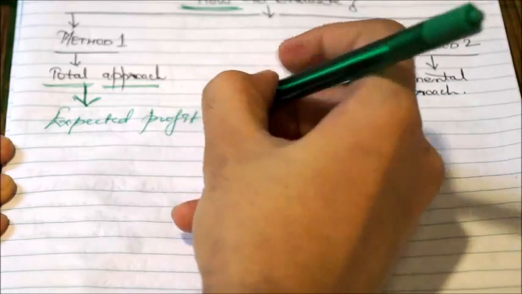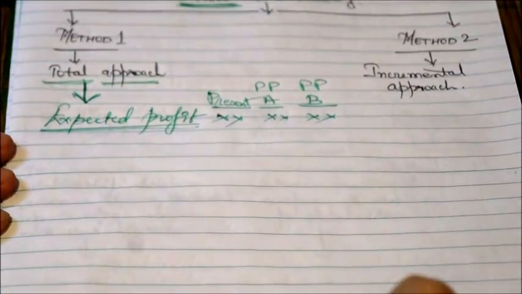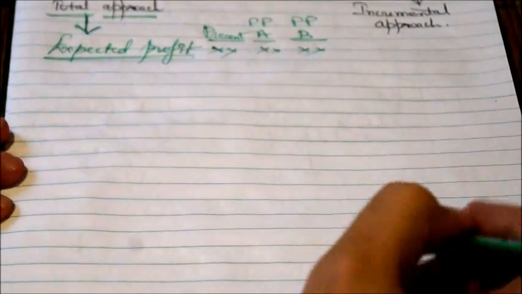So you will find your expected profit under your current policy, under your policy A, under your policy B. Now, how do you get your expected profit? Sometimes you may have to work your way up to get this, like say your credit sales in each of the policy over the total cost for such sales.